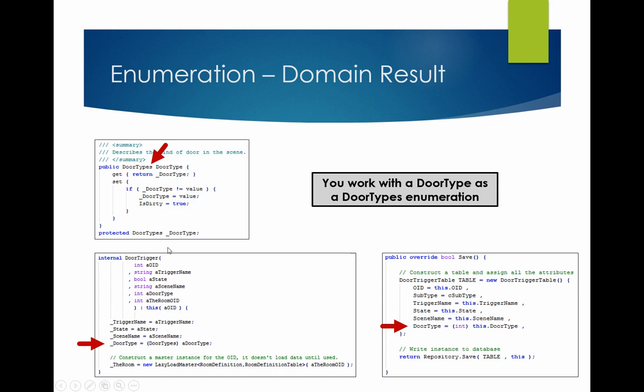And so you see it only as a door type. When it's constructed, it's actually cast into door types. And this is public now. Also, in the save method, the door type is cast from the door type. So this door type is an integer. Enumerations are integers by default, and this gets cast into the appropriate integer before it's saved away in the repository.